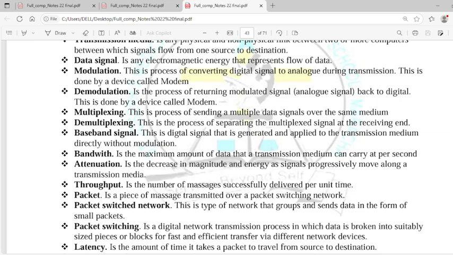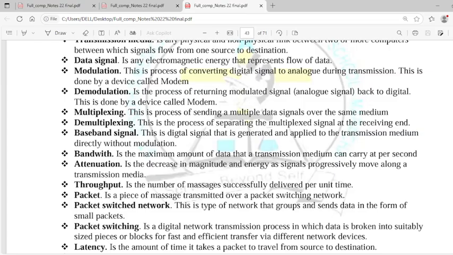Another term we can also look at is modulation, as well as demodulation. Modulation is a process of converting a digital signal to analog during transmission. This is done by a device known as a modem.